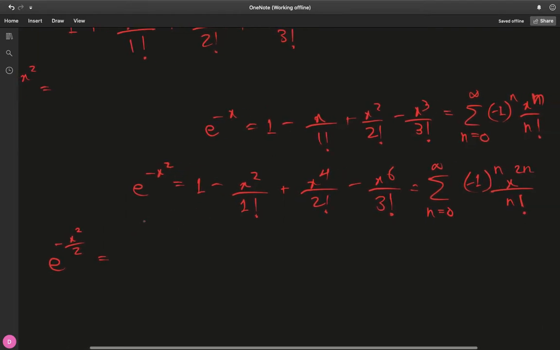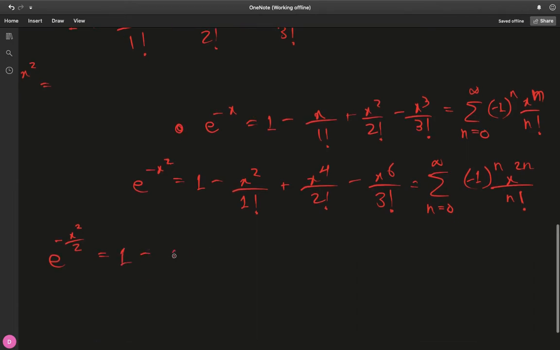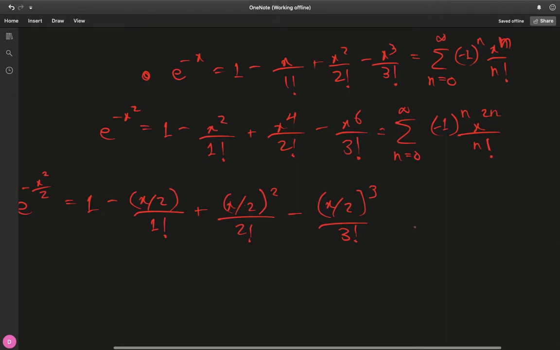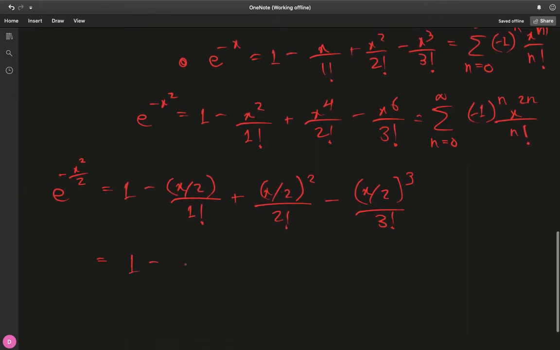So when we do that, plugging this in place of x for this series, we have 1 minus x over 2 over 1 factorial plus x over 2, the whole thing squared, over 2 factorial, minus x over 2, the whole thing cubed, over 3 factorial, and that goes on, which we can simplify to 1 minus x over 2 times 1 factorial plus x squared over 2 squared times 2 factorial minus x cubed over 2 cubed times 3 factorial.